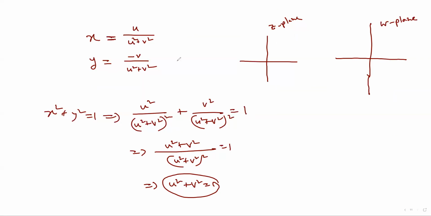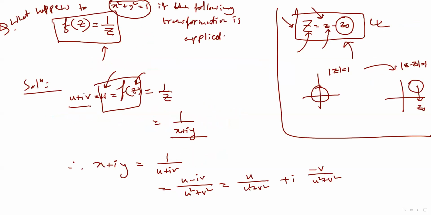So in the z plane, the given equation was a circle, x square plus y square equals 1. And in the output uv plane, you got the same equation again, u square plus v square equals 1. But what if this was a square instead of 1?